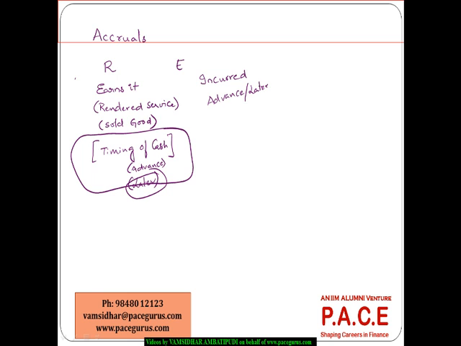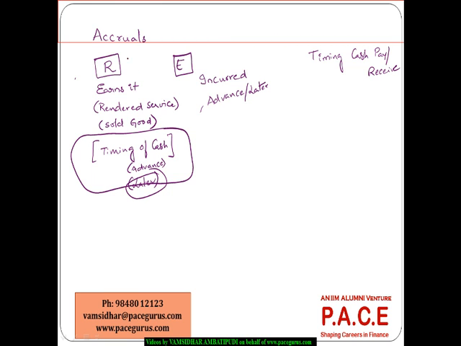It may be paying for it in advance, or it may be paying for that particular expense at a later date. So because of this particular concept of accounting for revenues and expenses not matching with the timing of the cash payments or receipts, there is a need for the accruals.